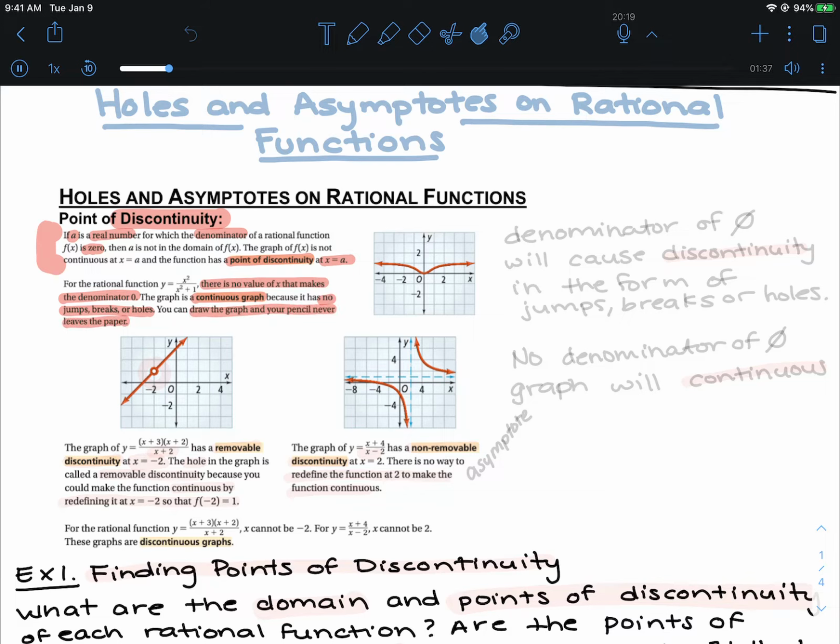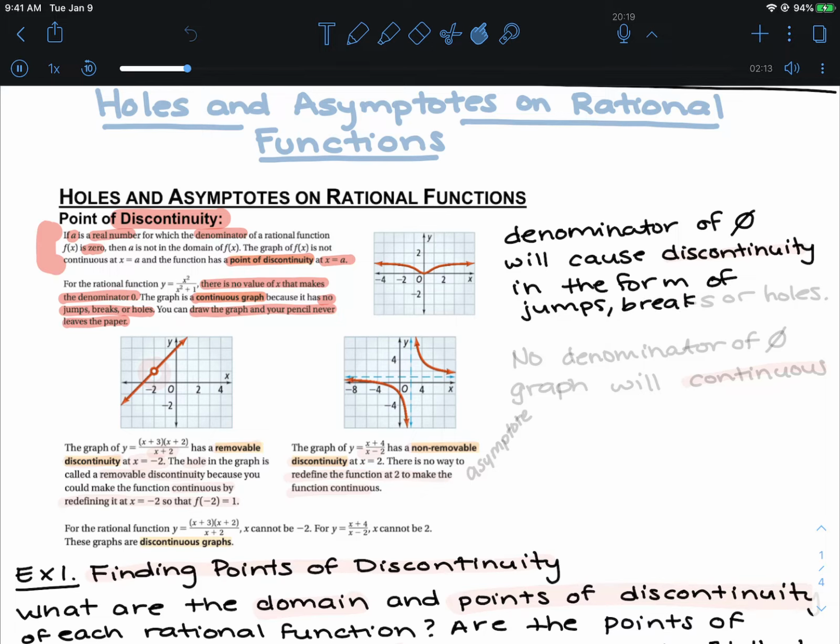So basically, when you have a denominator of 0, it will cause discontinuity in the form of jumps, breaks, or holes.